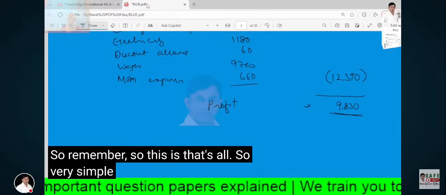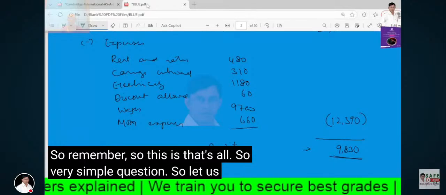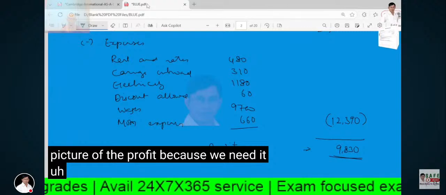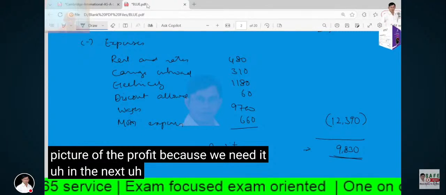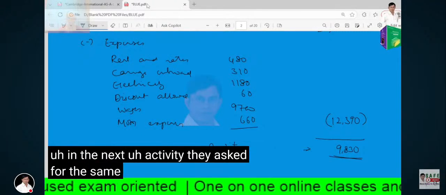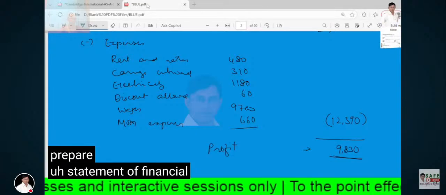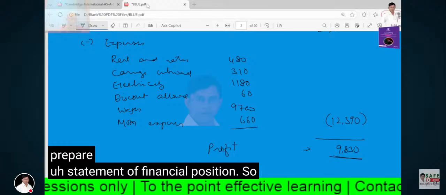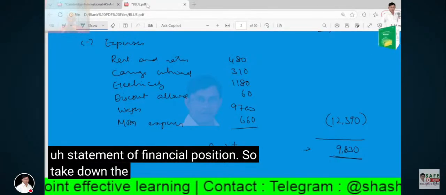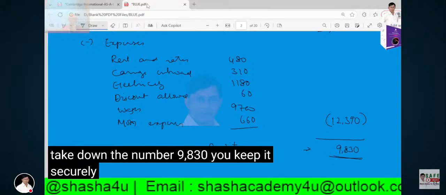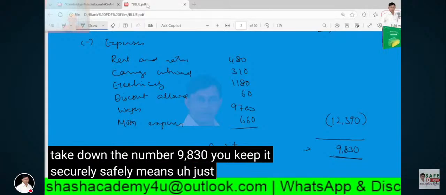So, a very simple question. Let us take note of the profit because we need it in the next activity. They asked you to prepare the statement of financial position. So take down the number 9830. Keep it safely, meaning just remember it.